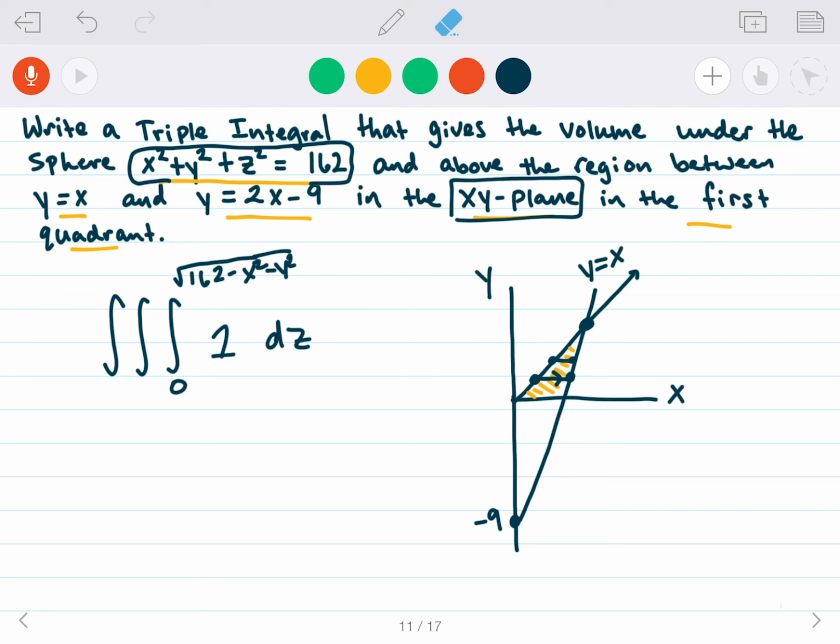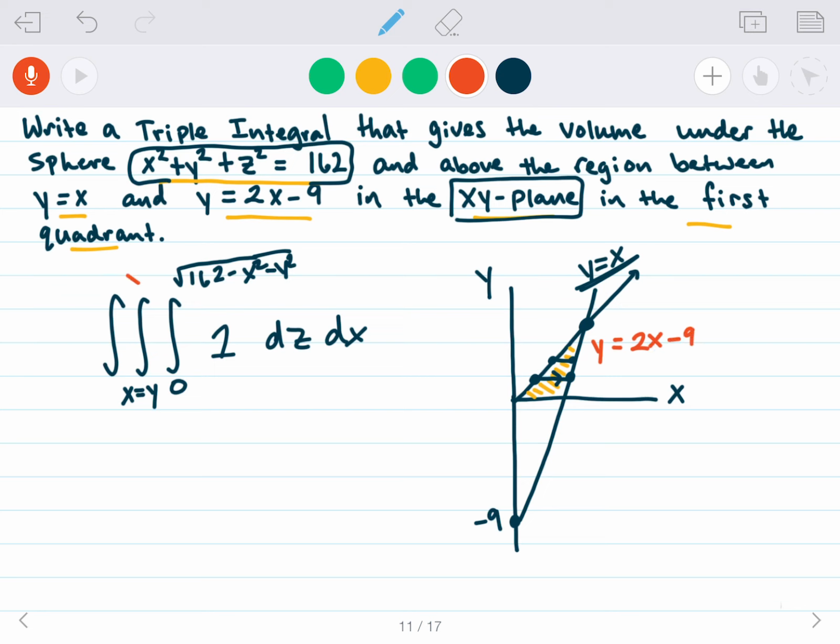So in the x direction, this line to the left is x equals y. If we're integrating with respect to x, we have x equals y as our leftmost bound, and our rightmost bound is going to be this line right here, y equals 2x minus 9.